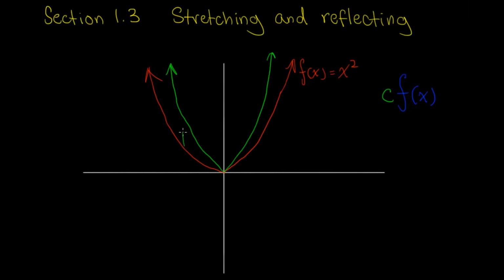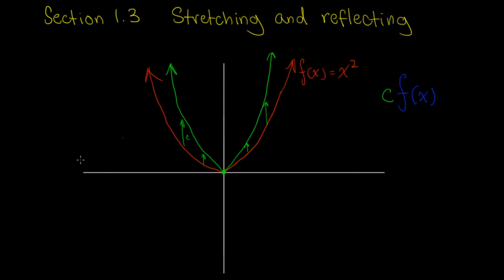So it's going to go from the red graph to the green graph by a factor of c. Notice it still has the same vertices right here. Okay.